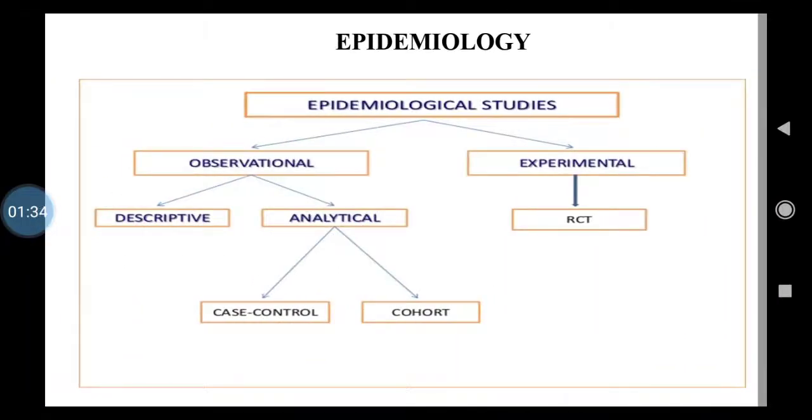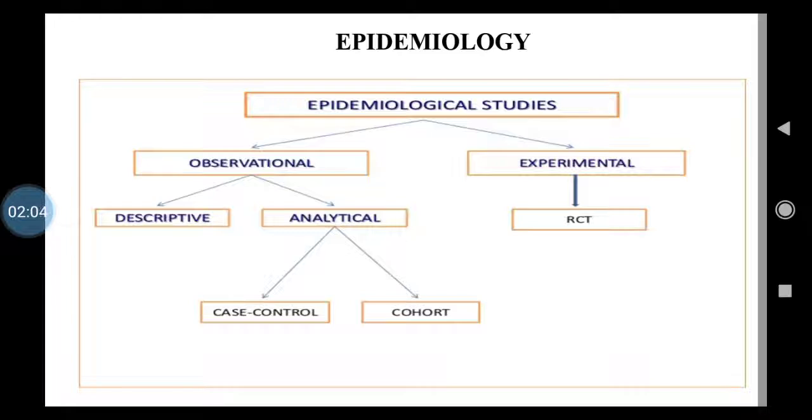This is the classification of epidemiological methods which are used to carry out the study. Now, two sections are there: the observational studies and experimental studies. Observational studies are further bifurcated into descriptive studies and analytical studies.